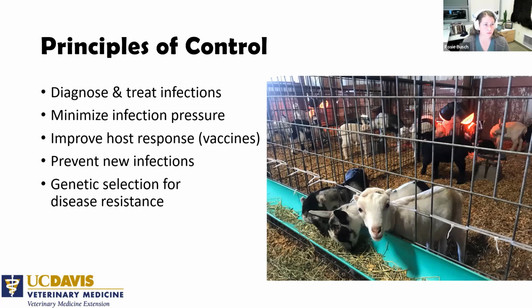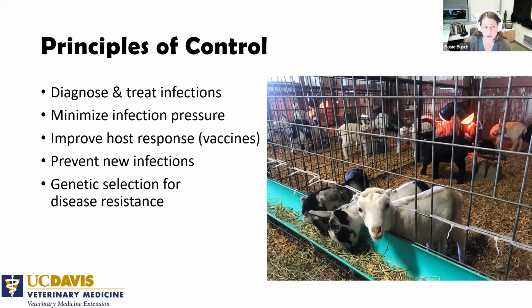And then potentially improving the host response. This could be through vaccines. It could be through immunomodulators. There are different ways to approach improving a host response to disease. And then trying to prevent new infections, and that might be through environmental management, movement patterns, things like that. We'll talk about a few examples.